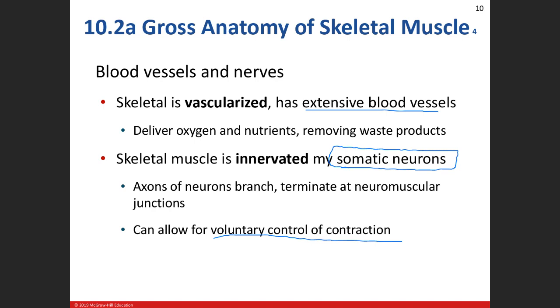And so these neurons are going to end right at where the actual synaptic knob is going to synapse with the muscle itself, the muscle cell itself, I should say. And we refer to that as the neuromuscular junction. We'll talk more about that when we talk about how we stimulate skeletal muscles.